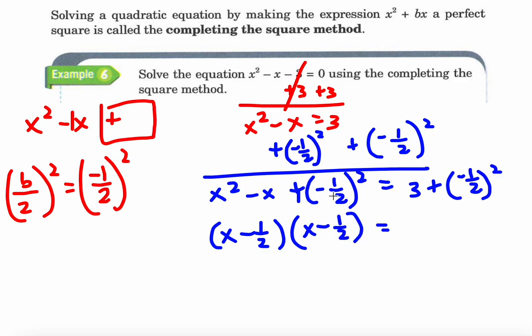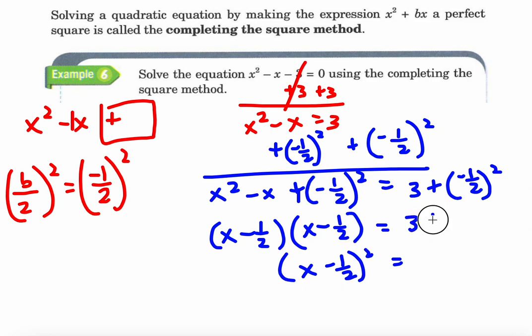So I really don't need to change that into 1/4, right? If I'm gonna end up breaking it down into two binomials anyways. So it becomes x minus 1/2 times x minus 1/2, which is really x minus 1/2 squared, okay?